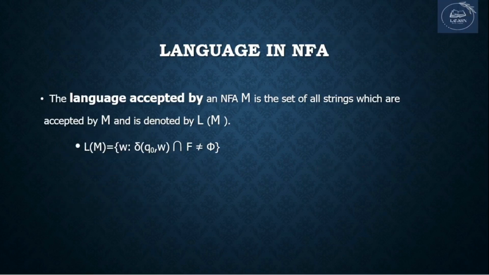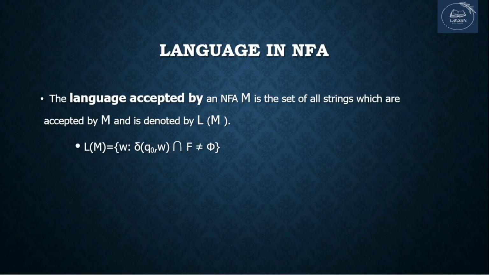Now, going to what is a language in an NFA. A language in an NFA is the same thing as a language in a DFA. A language in an NFA, as defined here, is the set of all strings which are accepted by M. Let's say M is the NFA or the automata, and it is denoted by L(M). So theoretically, a language is a set of strings that transits us from the start state to the final state. In as much as it can get us from the start state to the final state, that is called a language.